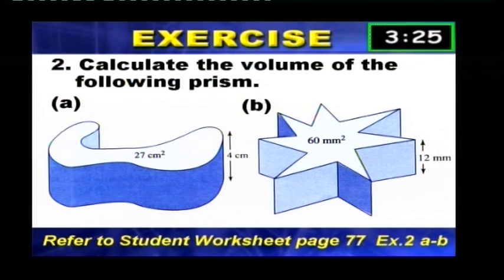This is 5 square centimeter, area of the base times the height, which is 3. Your answer should be volume is always in cubic centimeter. Okay, good one, well done. Very good. Continue with the next exercise. Yes, the area of the base has been given.